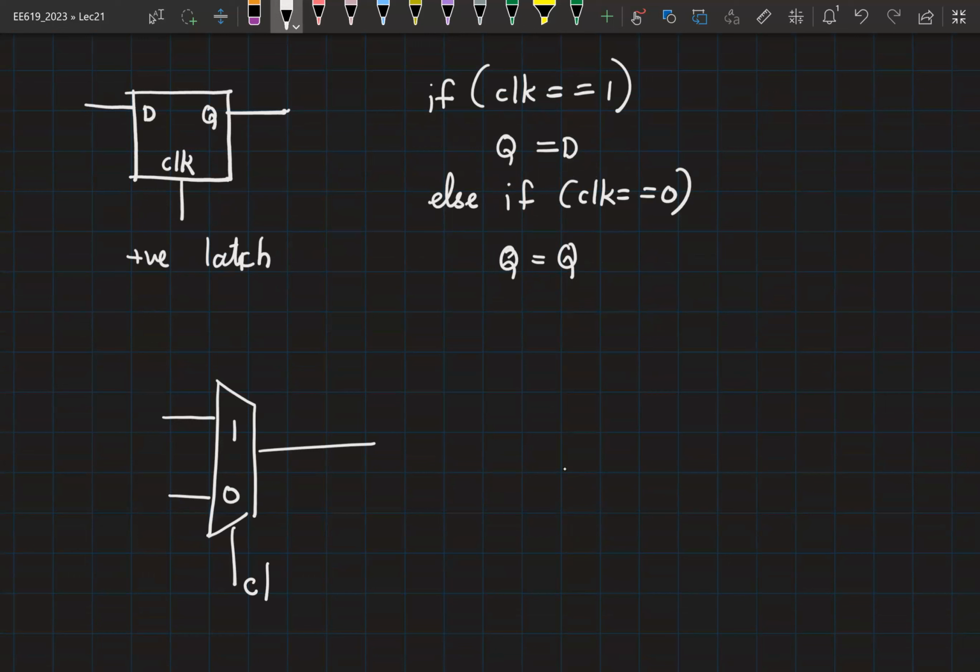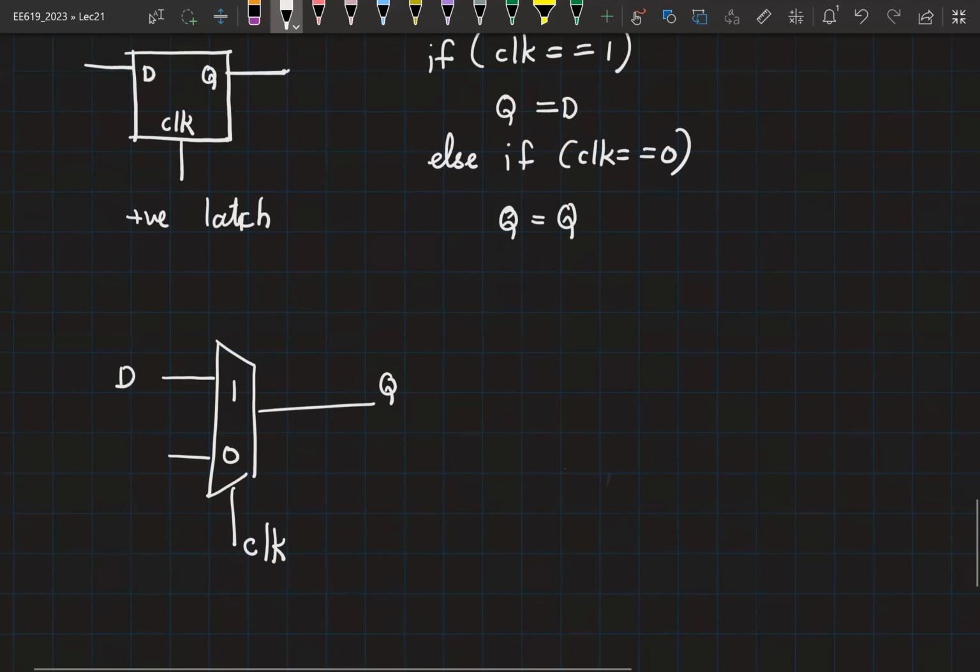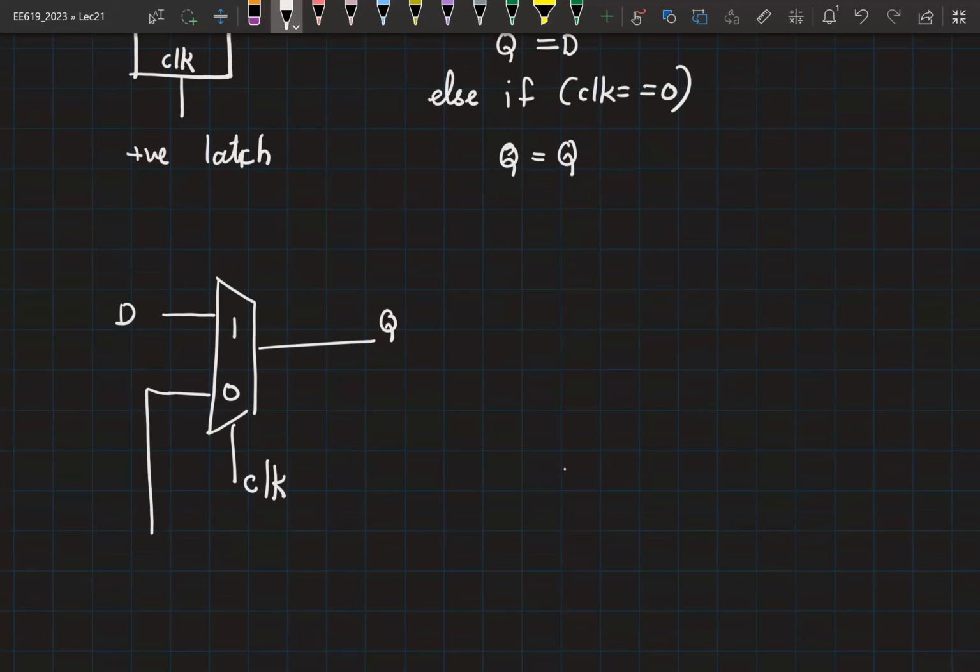Select signal is the clock. When clock is equal to 1, the output has to be same as the input. When clock is equal to 0, you have to connect it like this. We have implemented a positive latch.